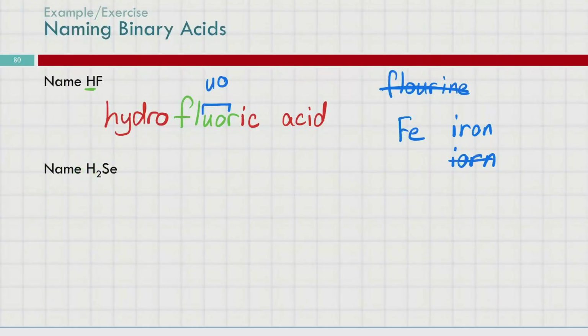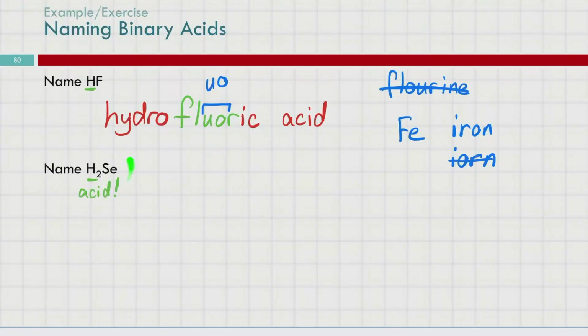Now you try for H2Se. Give that one a shot. All right, H2Se. Some people get confused when we do things that have multiple hydrogens. It's still only hydrogen and one other thing, so it still qualifies as a binary acid. So H2Se, we've got our hydrogens in front. That lets us know that it's an acid. Anytime that you see an H up front, hopefully you can train your brain to just scream at you, acid.